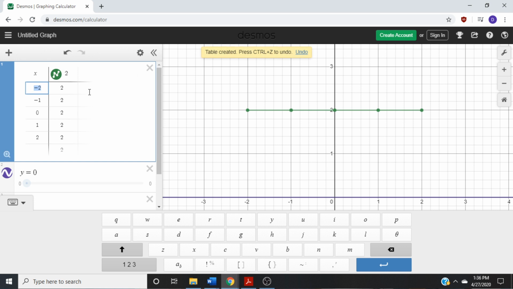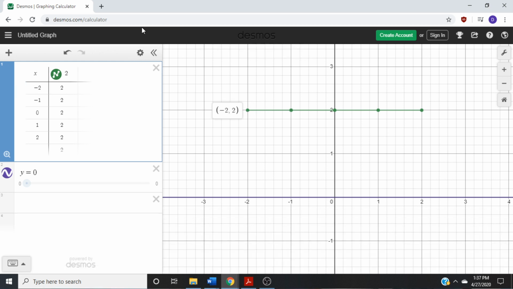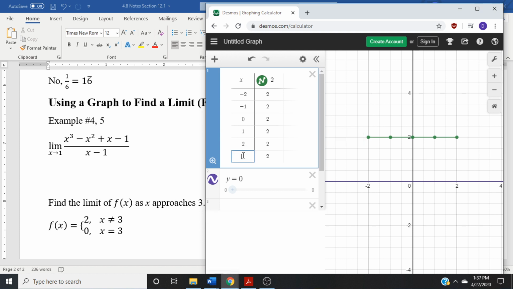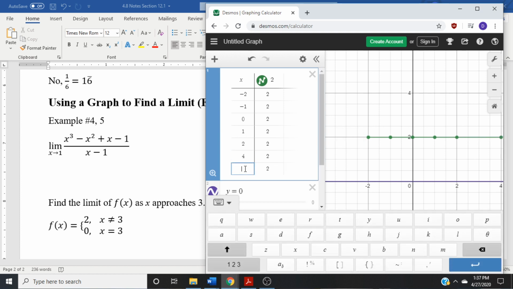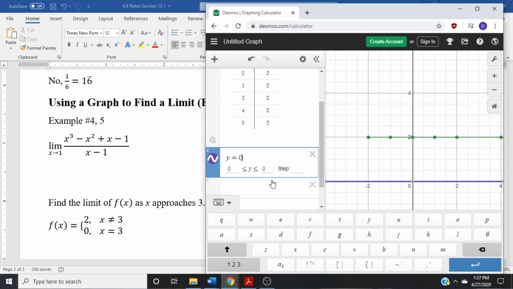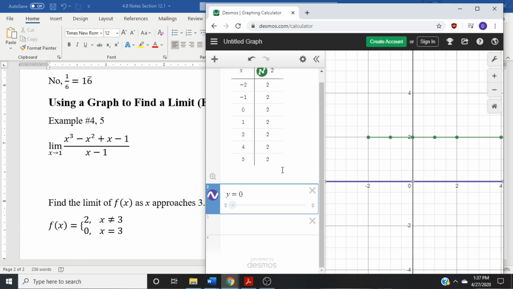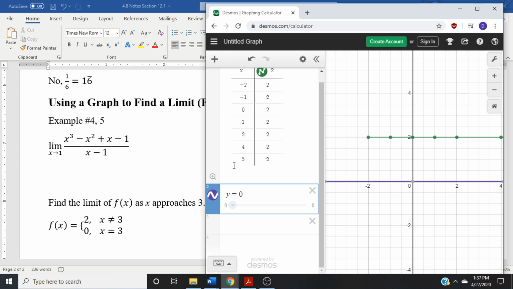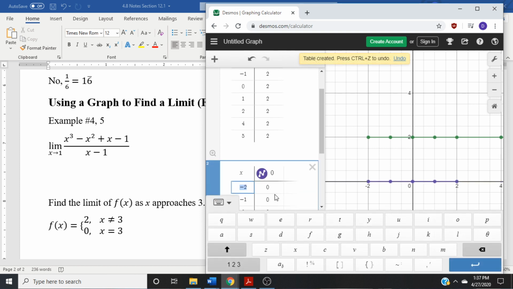So I can't do domain. So it skips 4, 5. Let's do 2 for this one, just at 3.